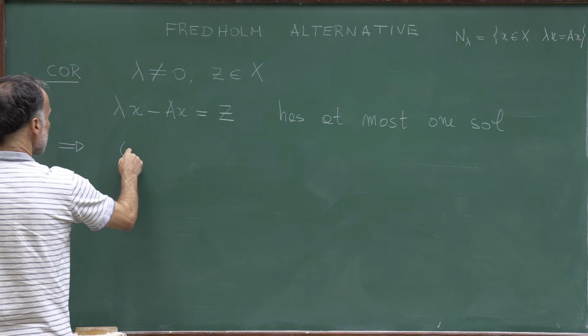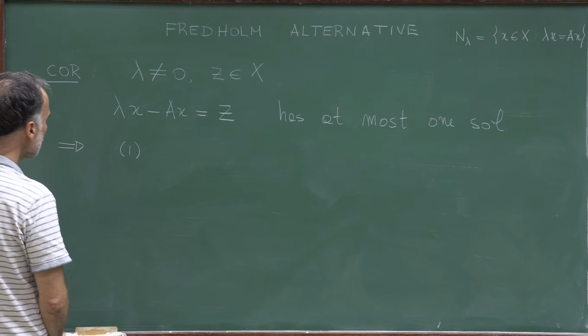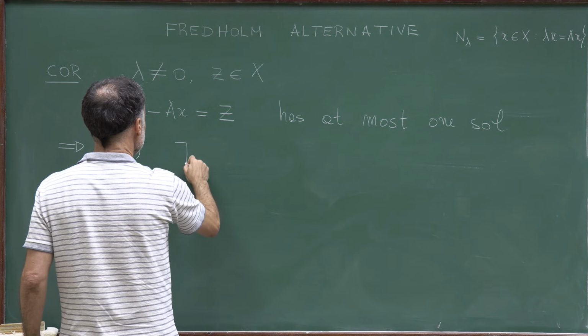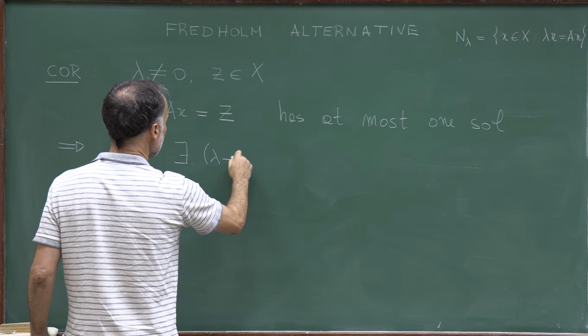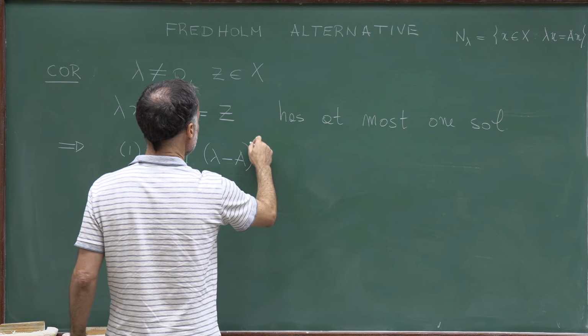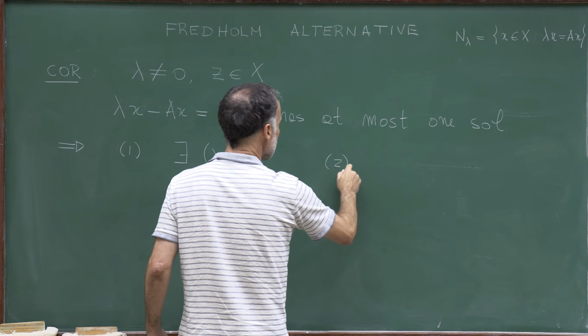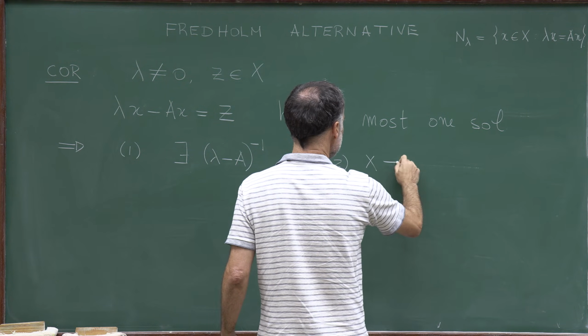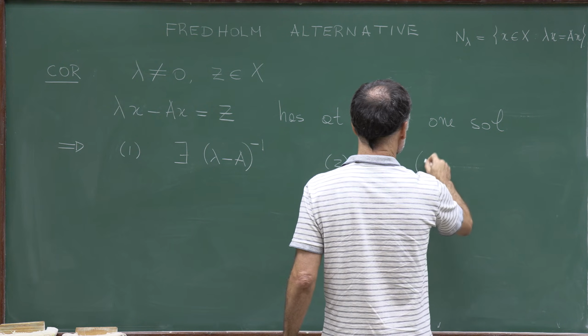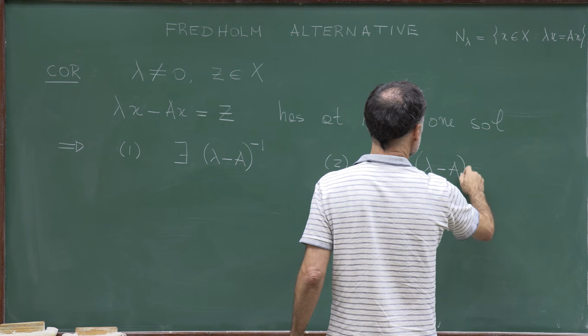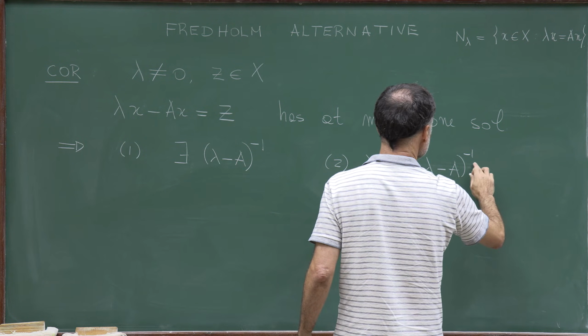Then I claim that first there exists the operator (λ - A)^-1, and that the solution x is given by (λ - A)^-1 z.